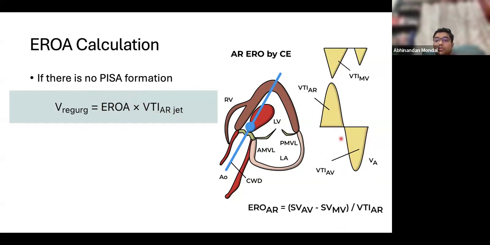So this is the VTI of AR. If you trace it, you will get the VTI of the AR jet. If you multiply it by EROA, it will give you the volume of regurgitation. You already know how to calculate regurgitation volume, so EROA you can calculate from this formula.